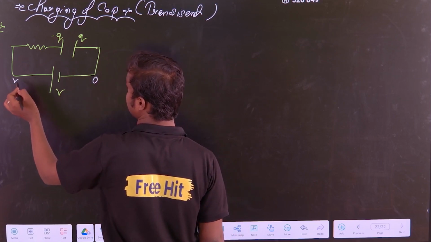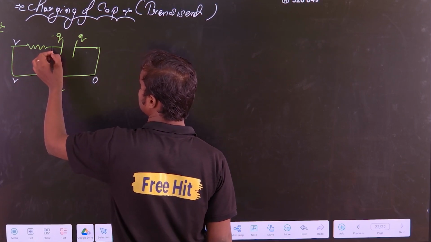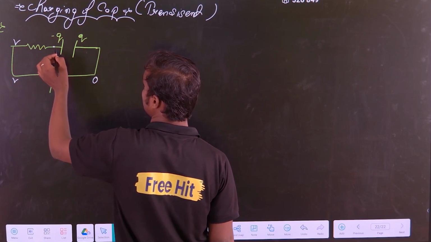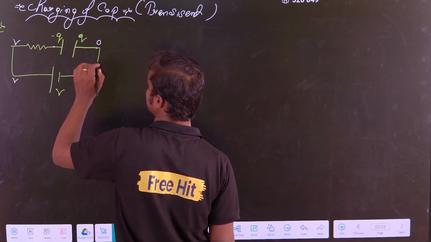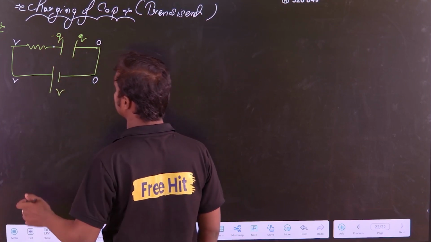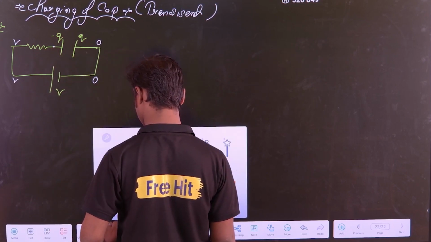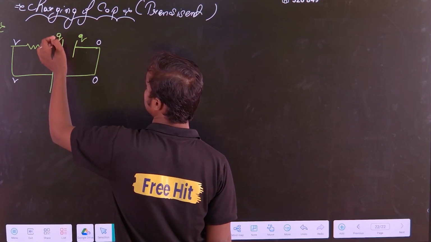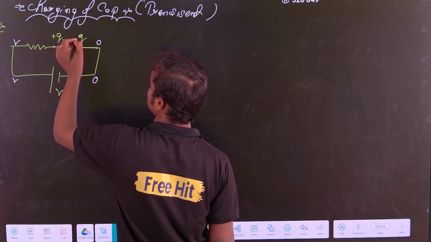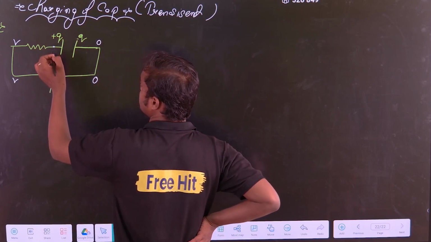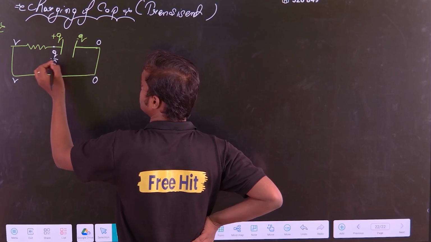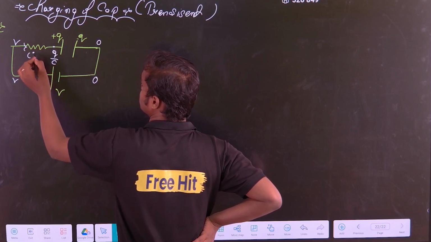This is 0, this is V, and the capacitor plates are plus and minus. So this potential will be Q by C. Current will go like this.